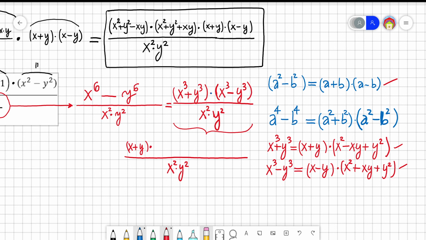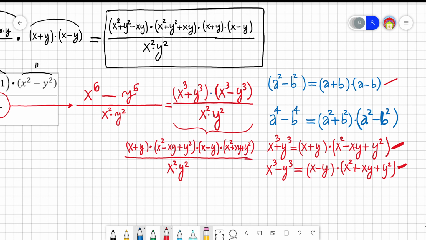So I copy this 1, x to the power of 2 minus, plus, which is that one. Here comes the difference of cubes. We need to place this thing. So x minus y and times with the pluses.